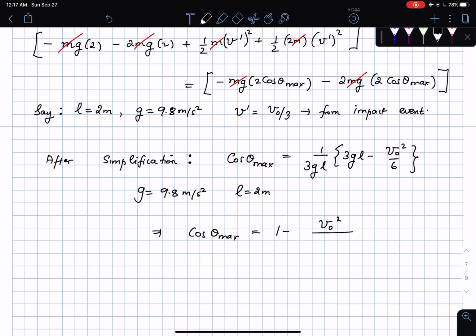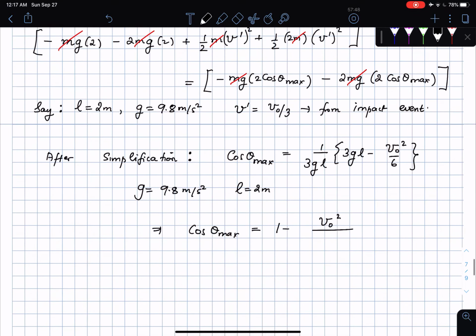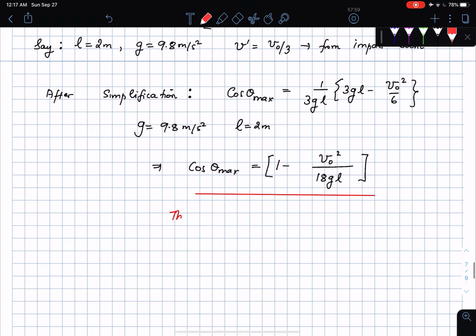And this is the relationship between theta max and V naught. This was the thing we were supposed to find in this problem.